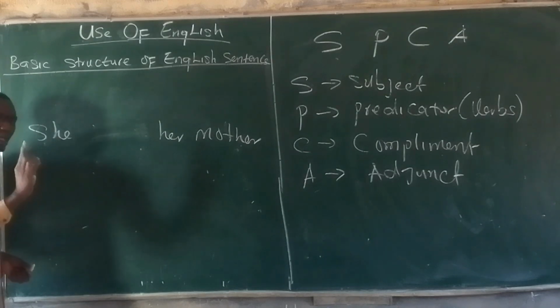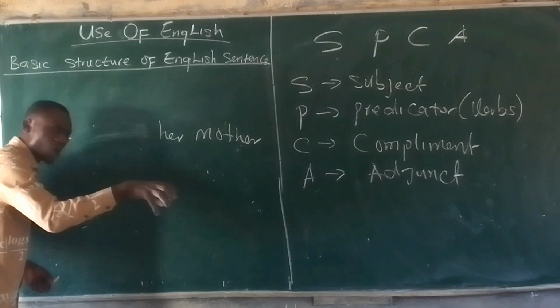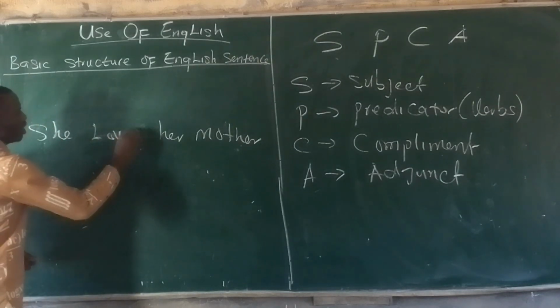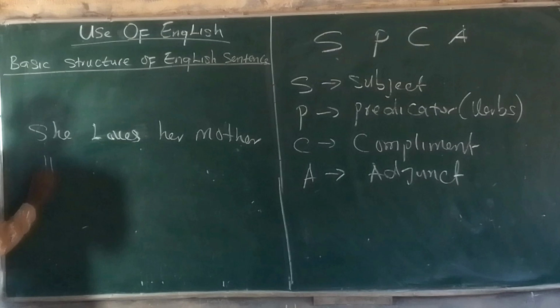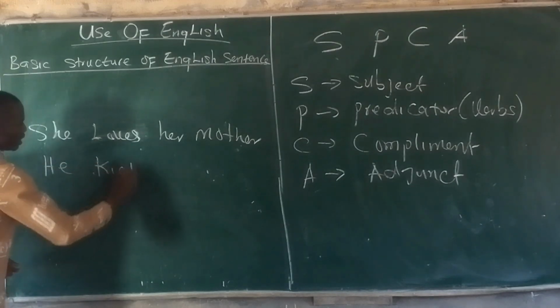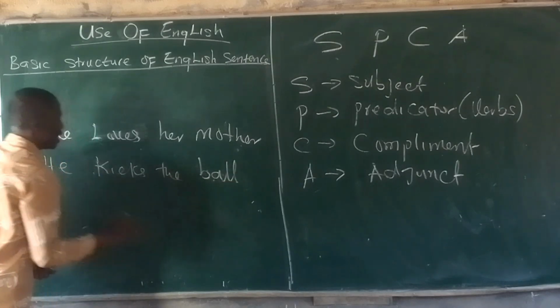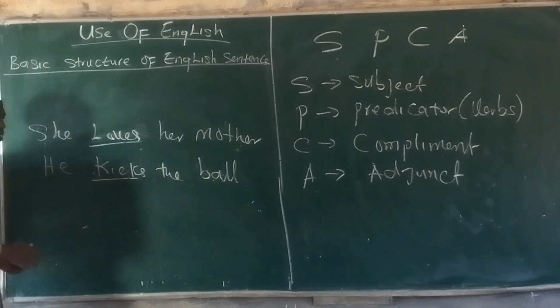Now, that shows that a verb is not just an action word, but a compulsory element of a sentence. If I replace the word loves, it will make sense to you. She loves her mother. Alright? He kicks the ball. He kicks the ball. The word kicks is the verb, and the word loves is the verb.